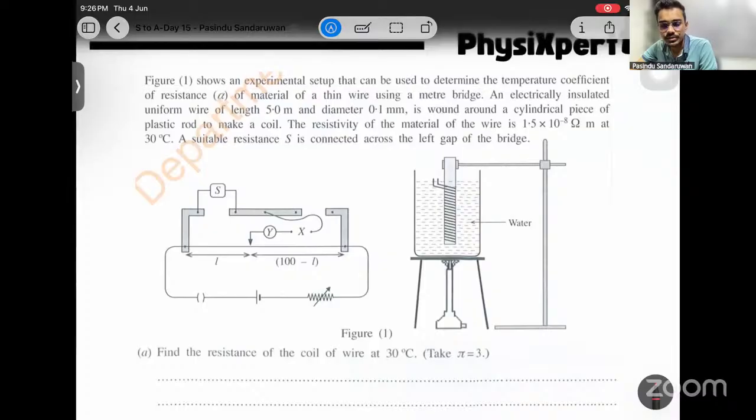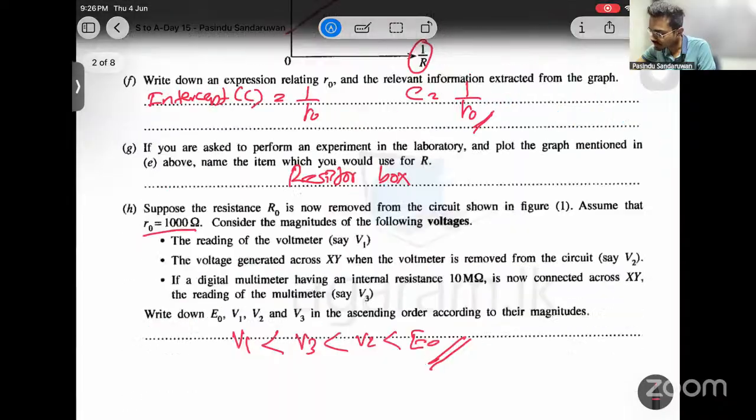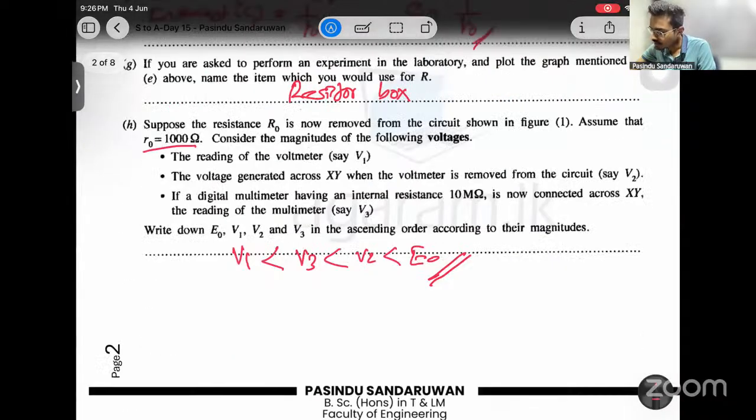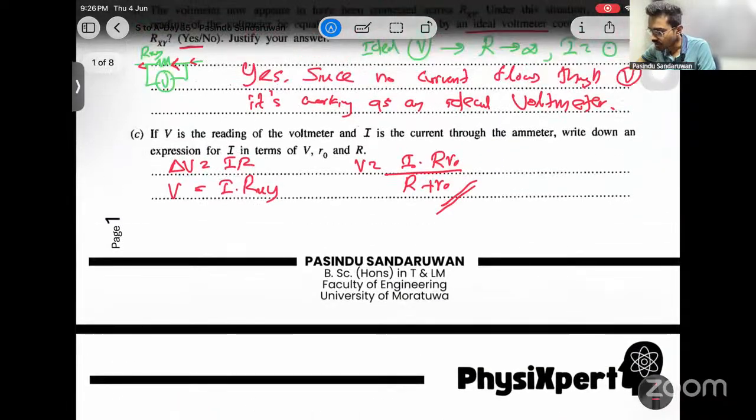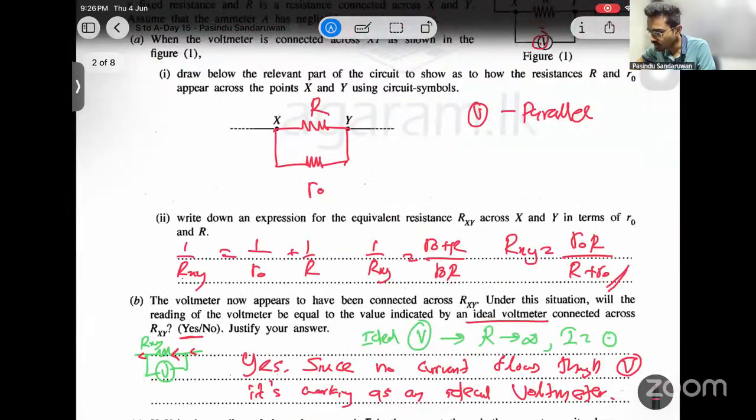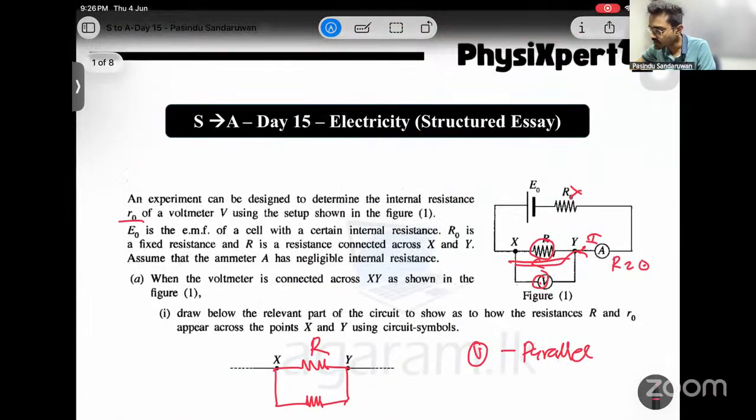Can't we take V2 equals E naught? V2 means when this is removed.